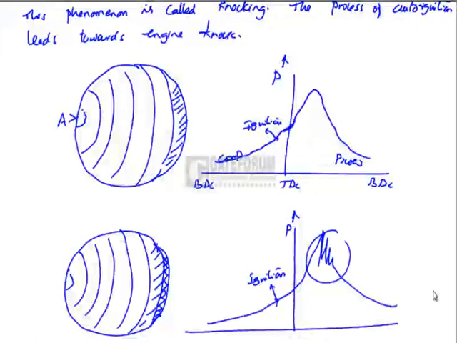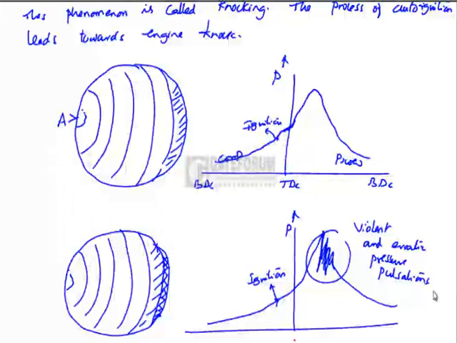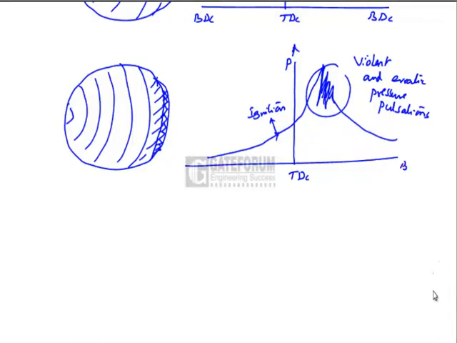This violent and erratic pressure pulsations or vibrations of gaseous products is called knocking. TDC, BDC, TDC.